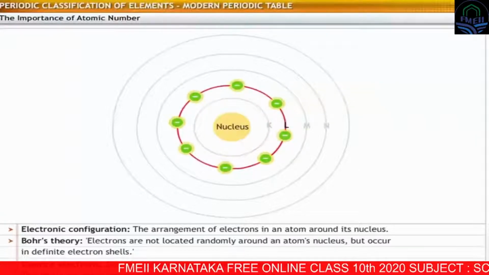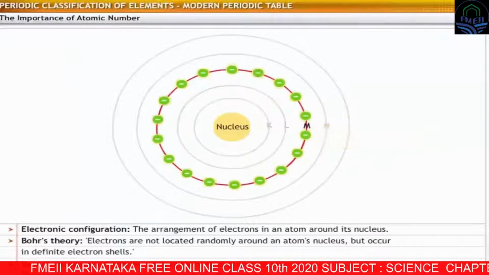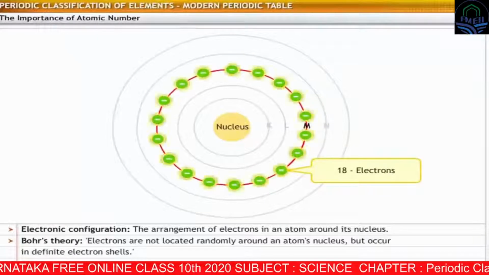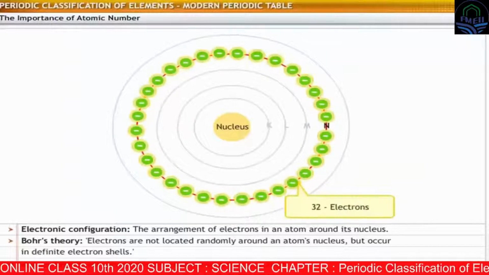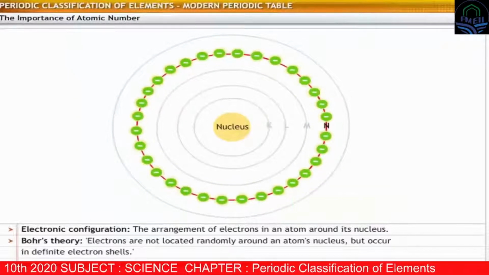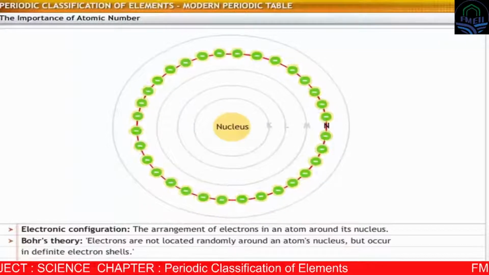The L shell can accommodate 8 electrons. The M shell can accommodate 18 electrons. The N shell can accommodate 32 electrons. As the lower shells are filled up, the additional electrons are placed in more distant shells.